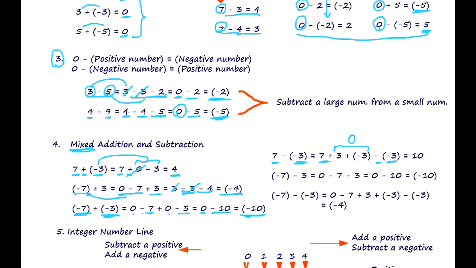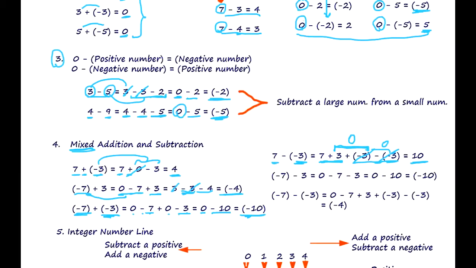You can put 0, nothing changes. But it helps you, because look at this: negative 3 minus negative 3. You are subtracting the same thing, so this is going to be gone, 0. So the only thing you have is 7 plus 3. So the answer is 10. Now you know how to subtract a negative number.